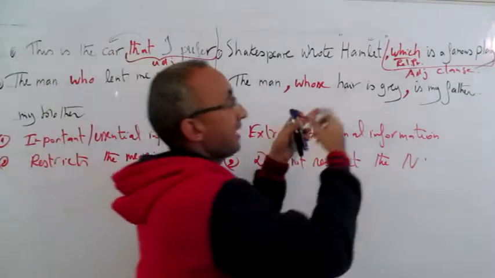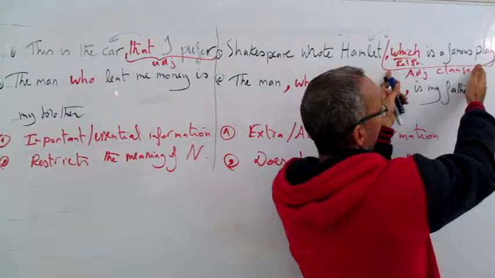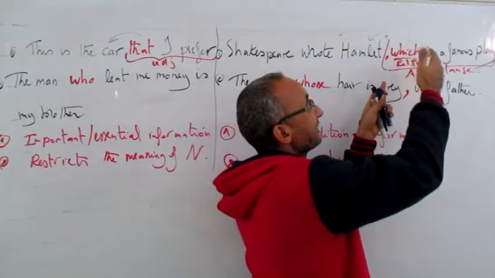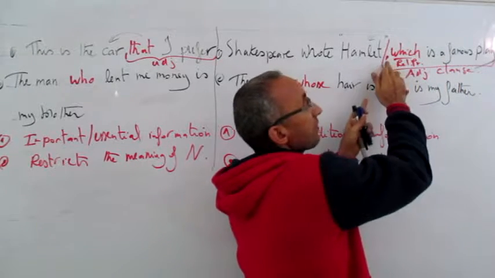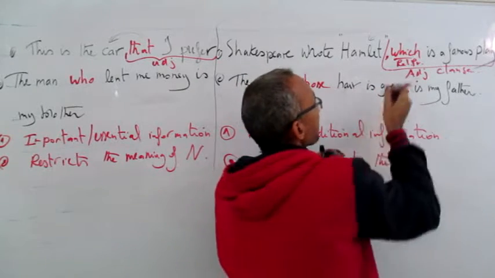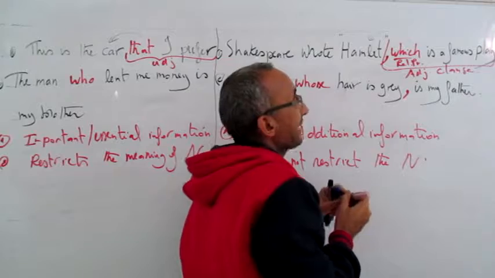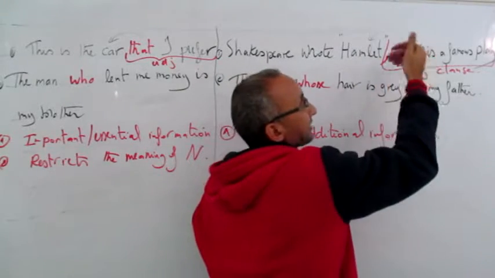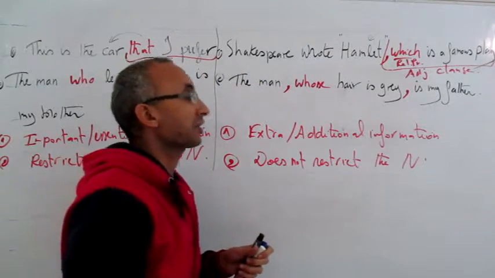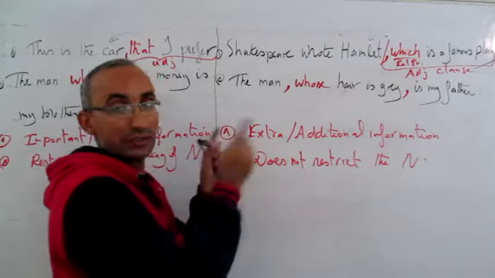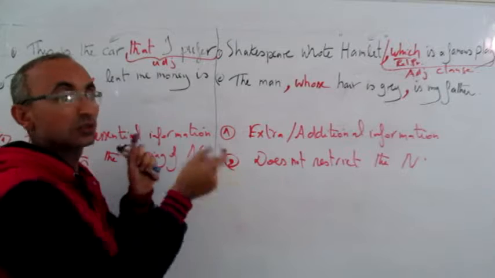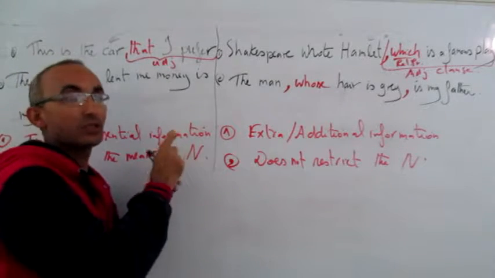But here, as this adjective clause introduces only extra, additional information, it is set off, separated by a comma. Why by a comma? To indicate that what comes after the comma is not essential, it's only extra and additional. So here we can consider the punctuation mark of the comma as my yardstick to distinguish between two types of adjective clauses.